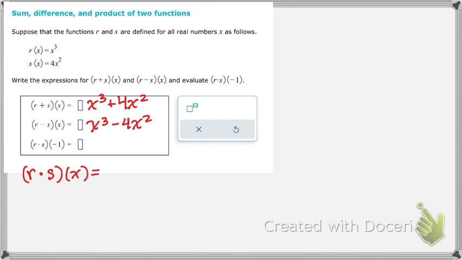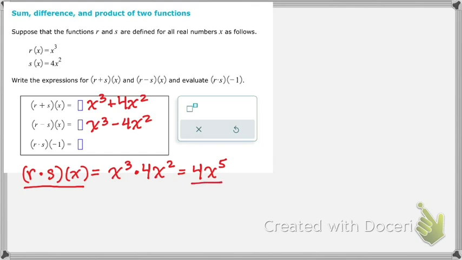What would that mean? That would mean I'm doing r, the function r is x cubed, times s, which is 4x squared. And then I can simplify that to 4x to the 5th. So r times s of x is 4x to the 5th.